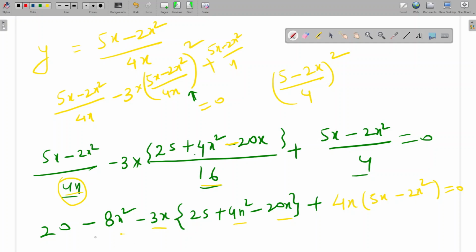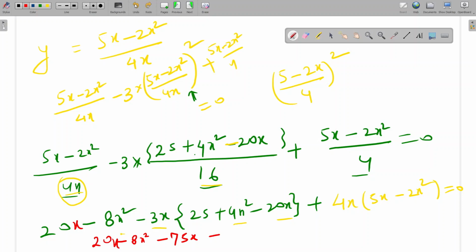Okay, so 20 minus 8x square minus... there should be 75. 20x, no, no, 20x. Okay, 20x minus 8x square, correct. 20x minus 8x square minus 75x, plus, no, this will be minus only.